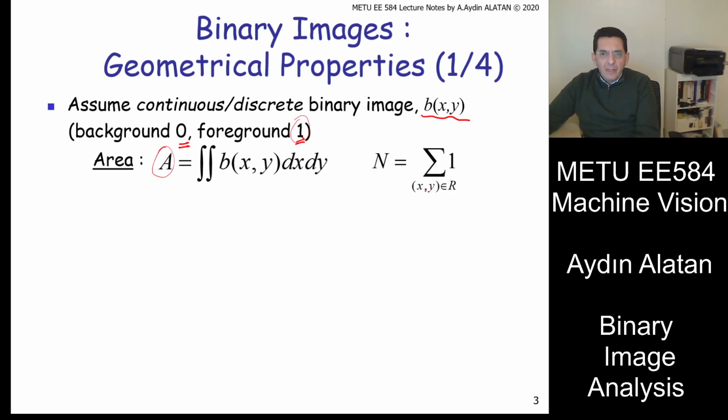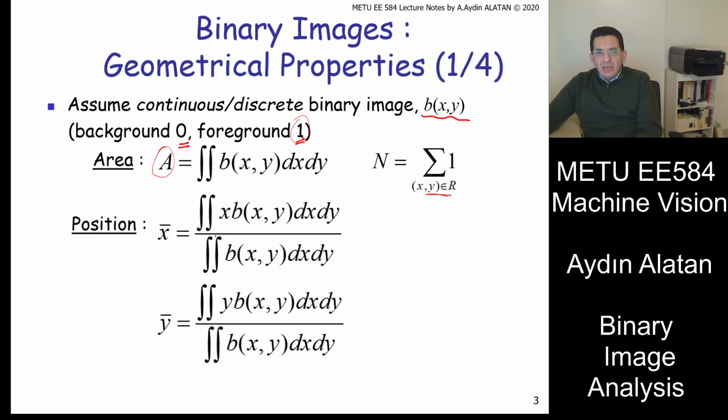For the discrete one, for the xy inside the foreground region, if you just add only those regions where this is equal to 1, you simply sum and you find the total number of pixels in a region.